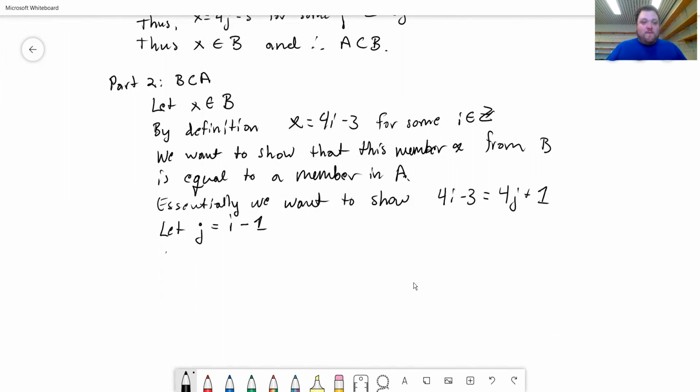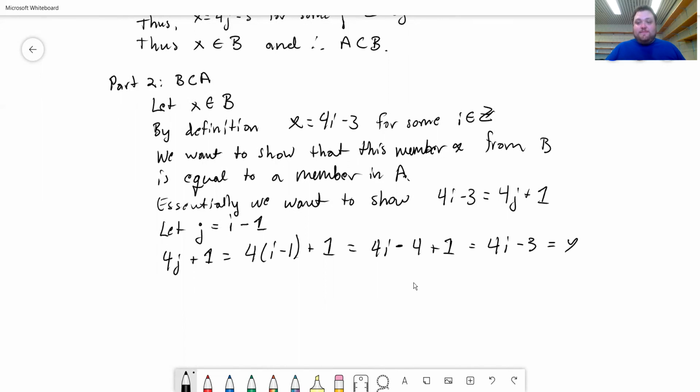So we have 4j plus 1 is equal to 4(i minus 1) plus 1, which is equal to 4i minus 4 plus 1, which is equal to 4i minus 3, which is equal to x.